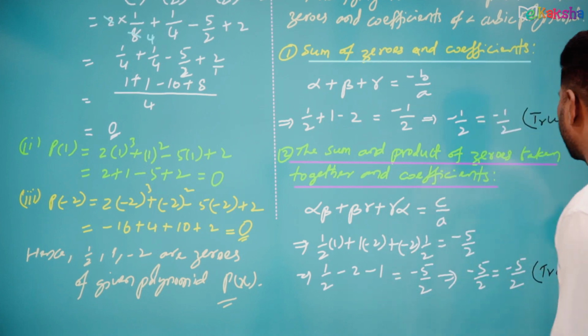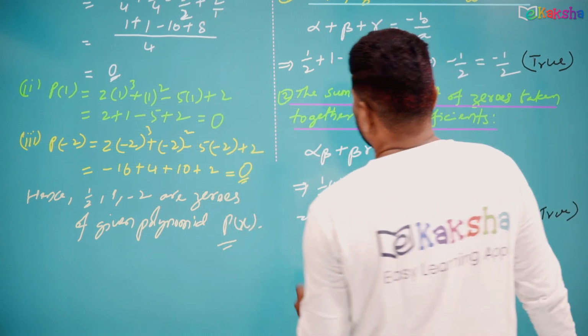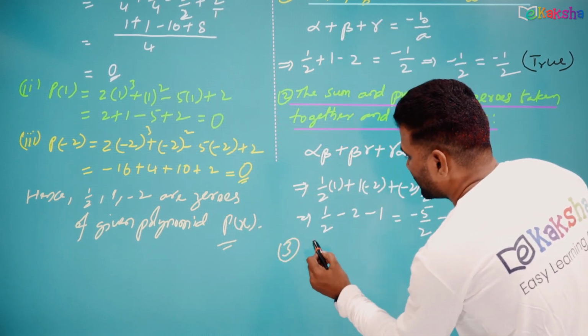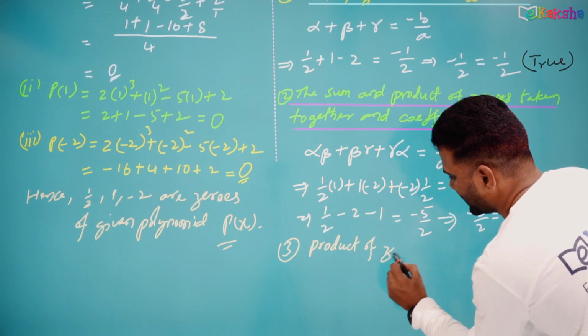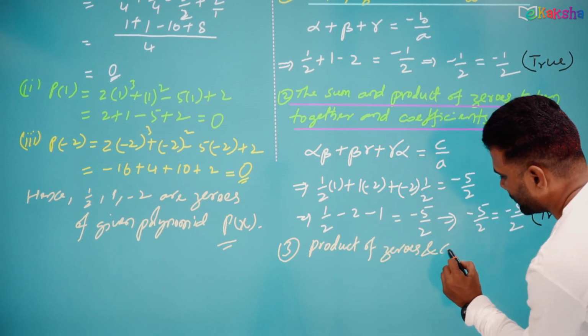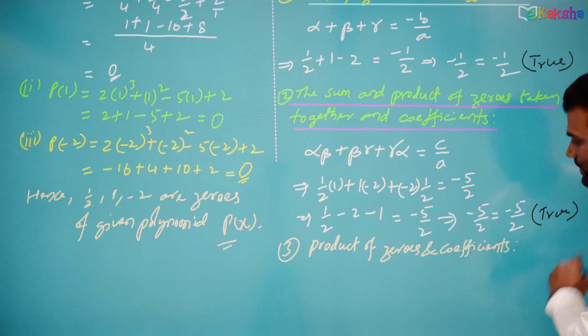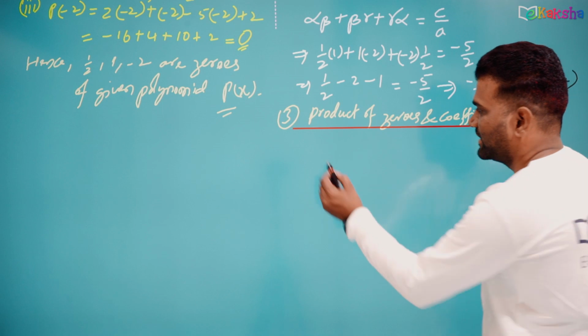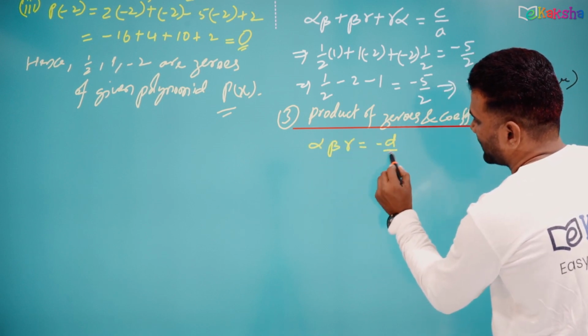Now finally the third relation. What is the third relation? The third relation is the product of zeros and coefficients, that is, alpha into beta into gamma is equal to minus d upon a.